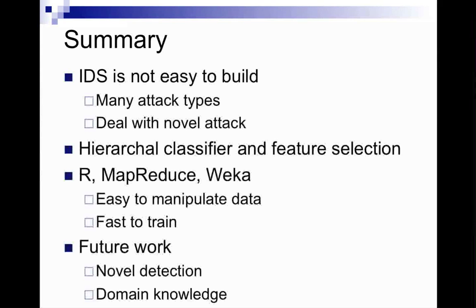Novel detection is still a very hard problem, and we should incorporate some domain knowledge into our feature engineering. So we need to cooperate with some students in these majors, or get some help from experts in this domain.